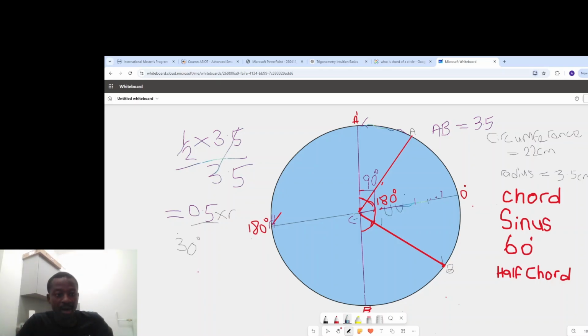To use the same half chord ratio, now we will have 3.5 over our radius, which is also the same as 3.5, and that will give us 1. And this shows how sine 90 degrees is 1.